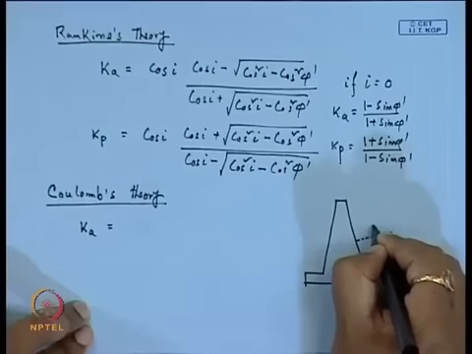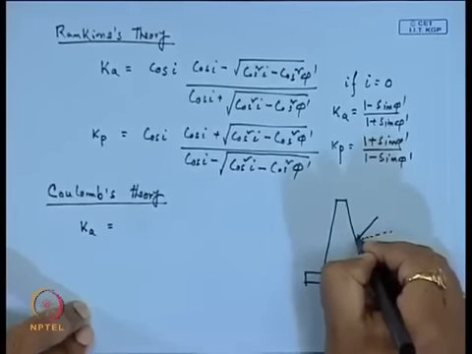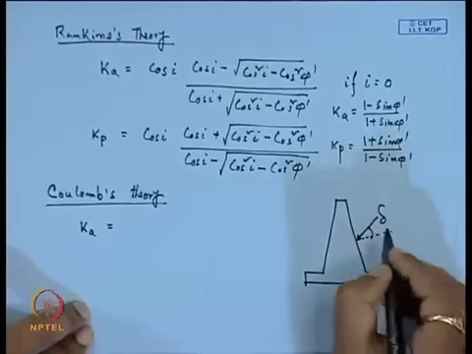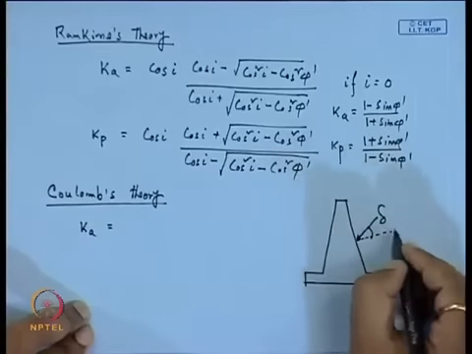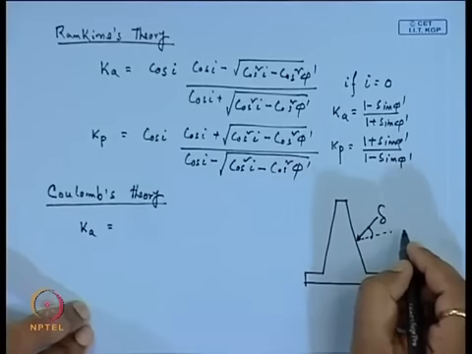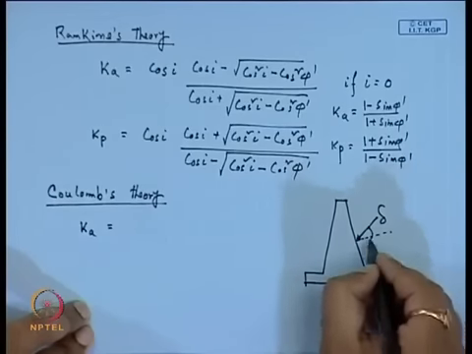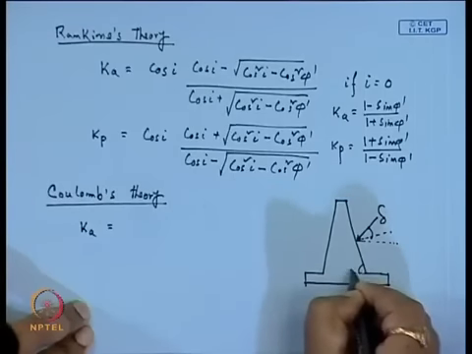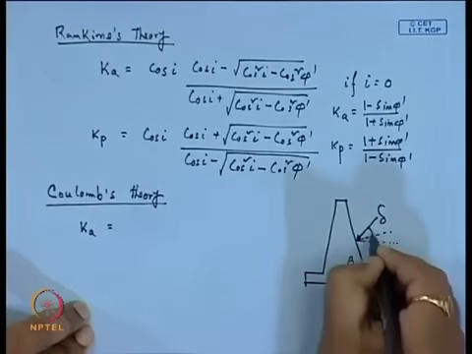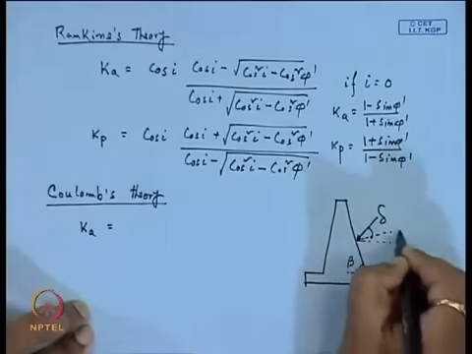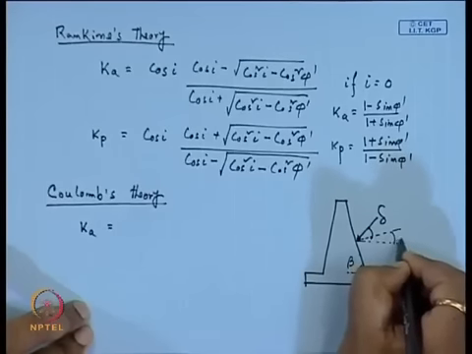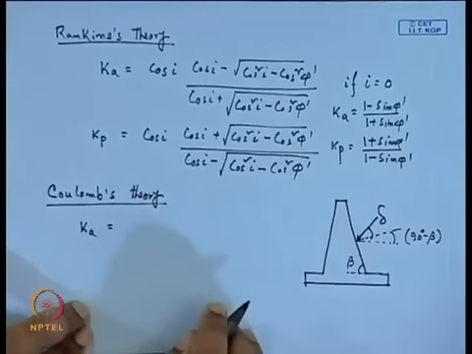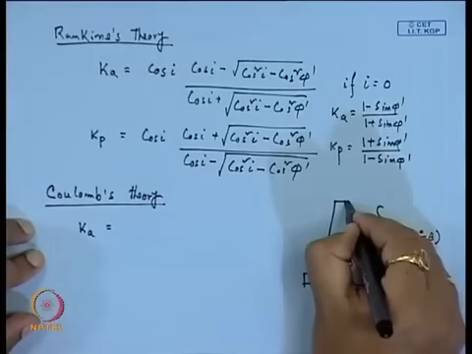We draw a perpendicular line, and the force acts at angle delta. This is our horizontal line, and if this angle is beta, the force acts at delta with the horizontal line, and this angle will be 90 degrees minus beta.